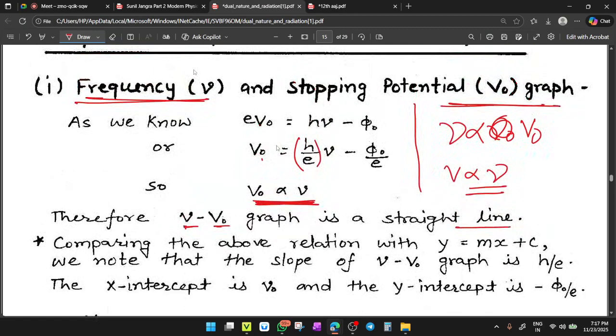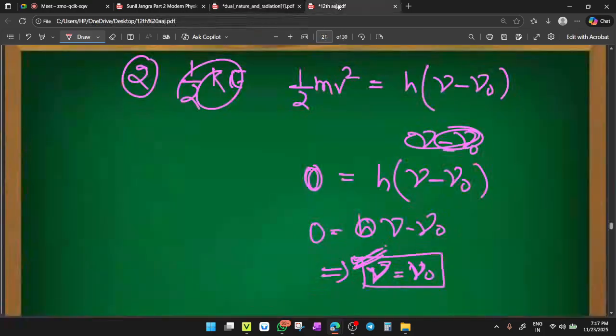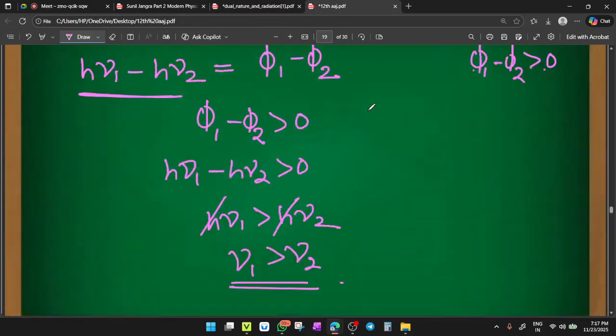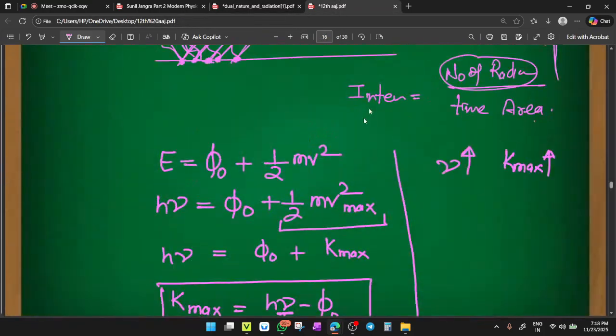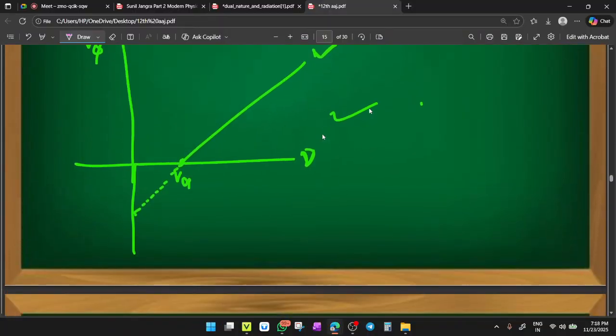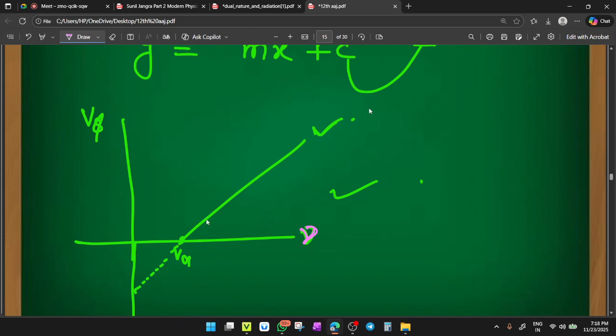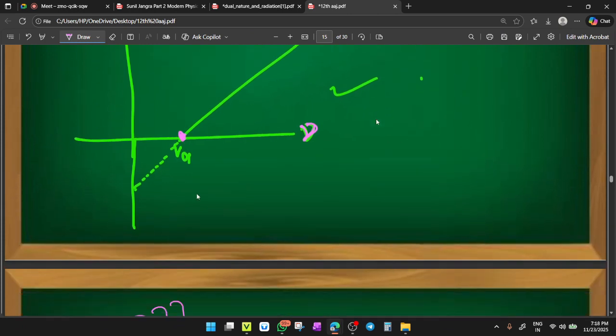Why? Because V naught depends on the incident frequency with power 1, and where there is power 1, the graph is a straight line. We already have made this graph here. By increasing the incident frequency, stopping potential also increases, and this is the threshold frequency.